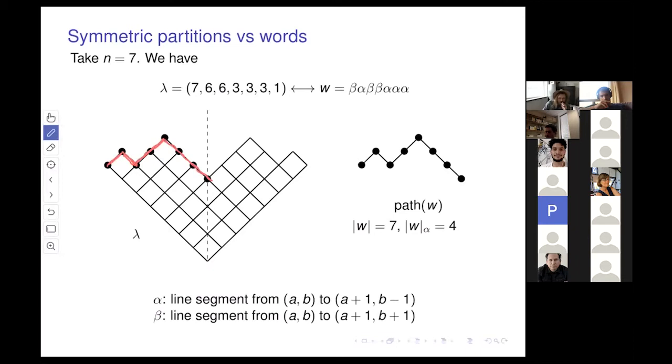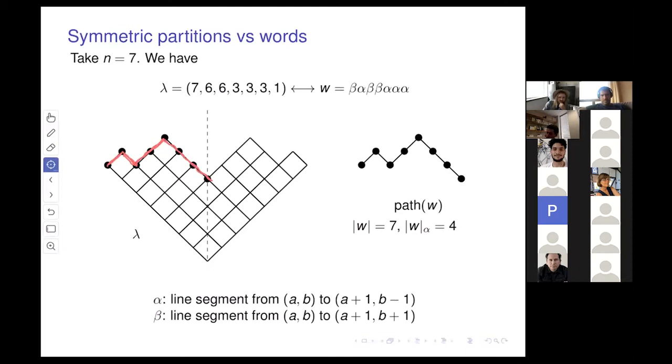I basically forget all the boxes and only record this path over here. And the directions in this path can only be southwest to northeast or northwest to southeast.